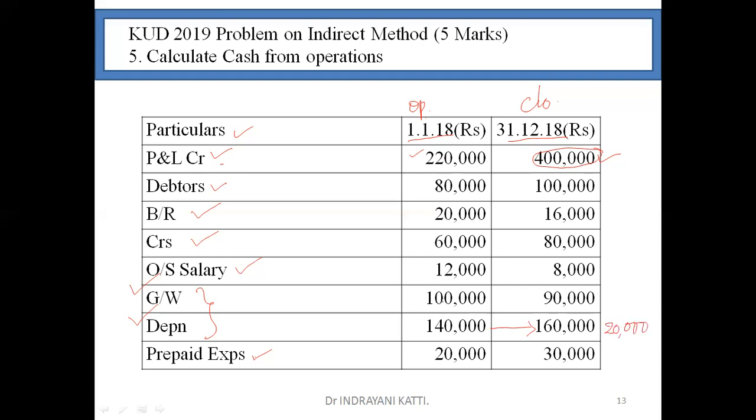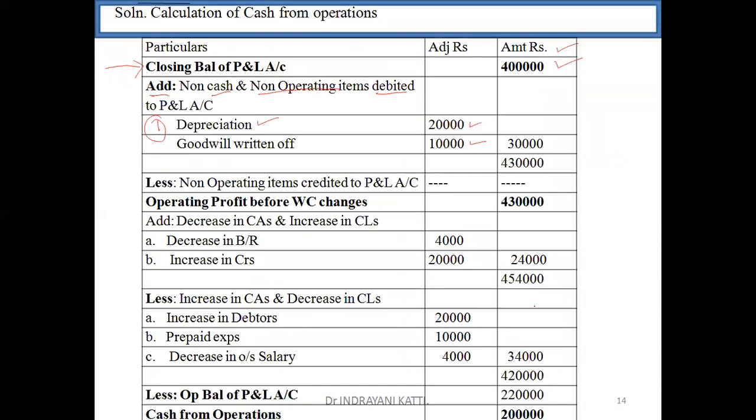And even goodwill, 1 lakh is there and it declined to 90,000, that is, written off. Written off is how much? From 1 lakh to 90,000 it is reduced. That's why the written off amount is rupees 10,000. Is that clear to everybody? So these two are taken into consideration as non-cash items: depreciation is rupees 20,000 and goodwill written off is rupees 10,000.